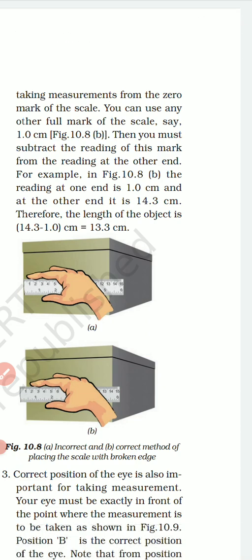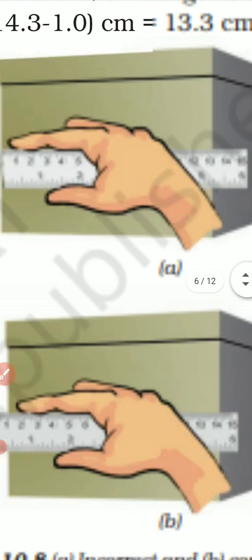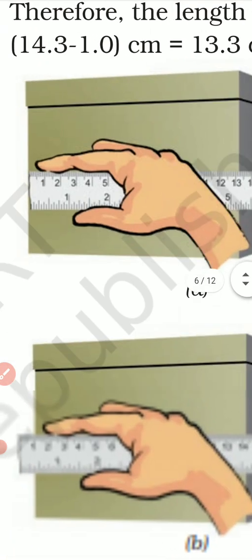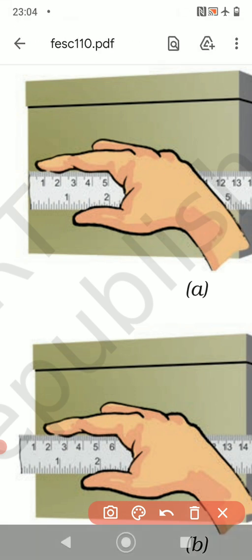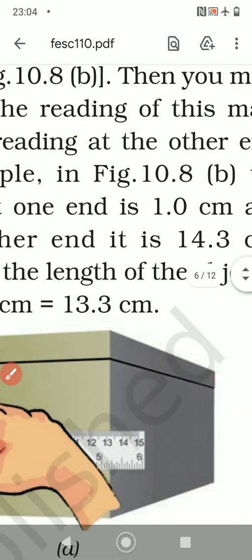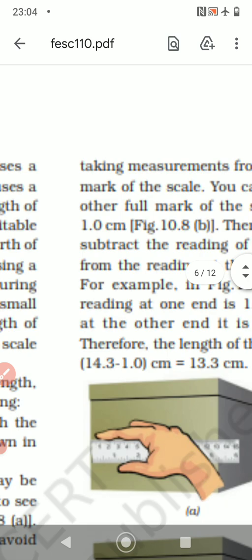You can use any other full marks of the scale, say 1 centimeter. So suppose they are using 1 centimeter to start with. Okay, so you can do that. You can use 1 centimeter to start with.